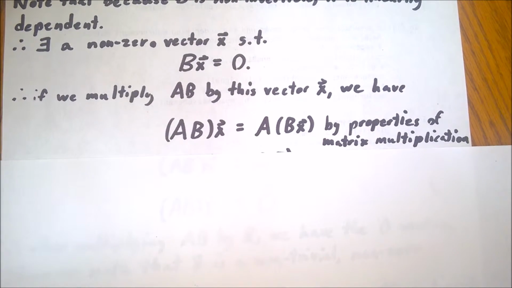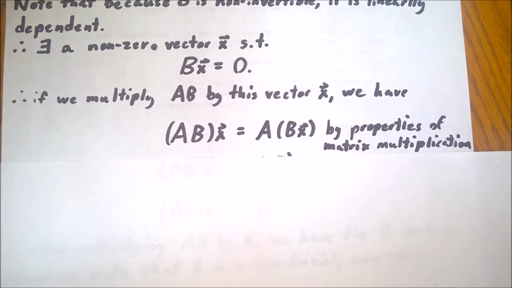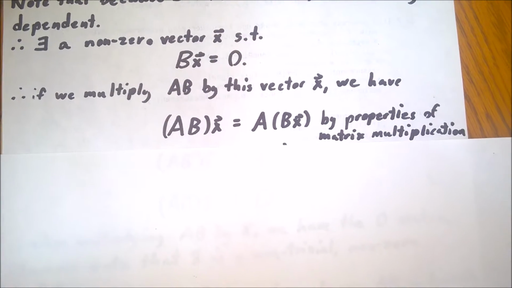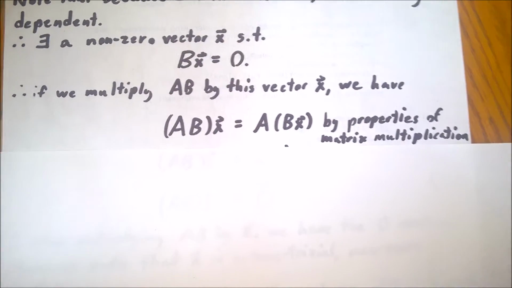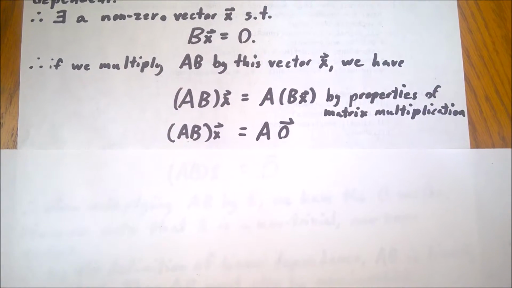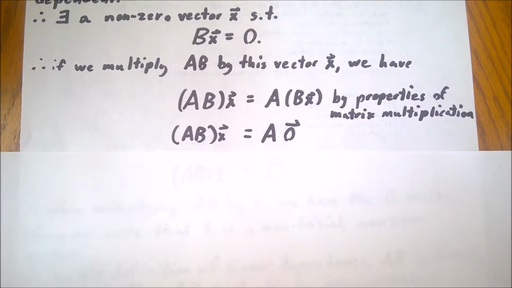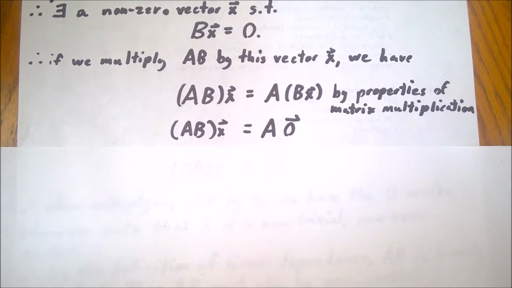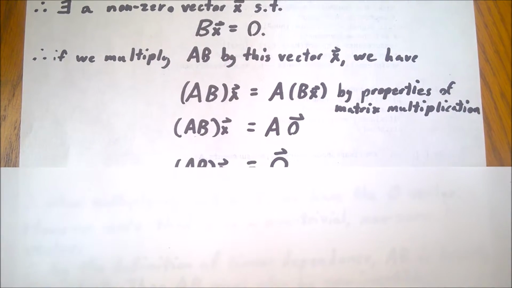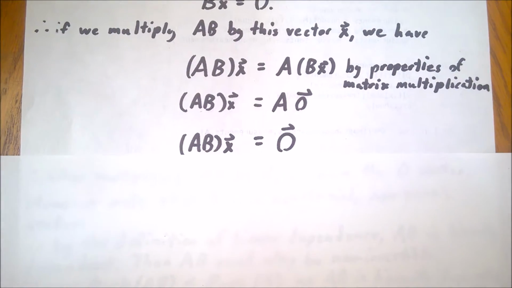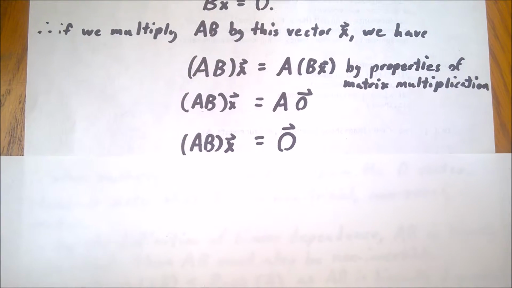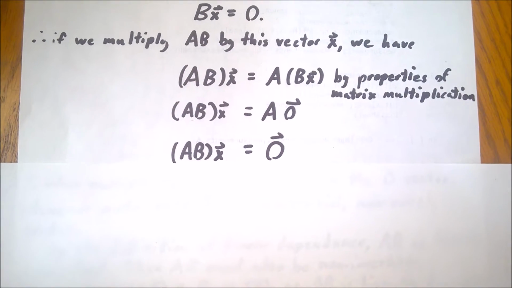AB times x is also equal to A times the product of B times x. And the reason why we can do this is because of the associative properties of matrix multiplication. Now, we know that B times x on its own is equal to 0. So we know that A times the 0 vector is also equal to 0. Therefore, the multiplication of AB times this non-zero vector is equal to 0.